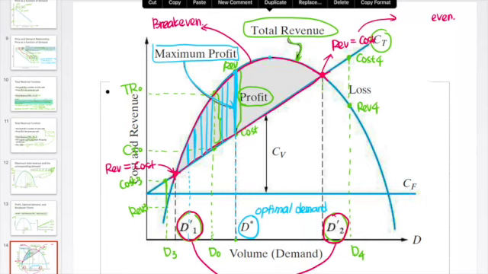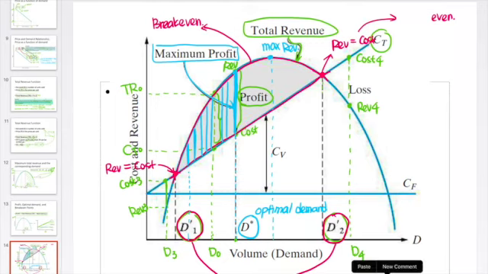Okay, that's number 2. Number 3, the D star is different from D hat. Do you still remember the D hat? D hat is where you have the maximum revenue. So if you look down at the demand where you have the maximum revenue, that is the D hat. So D star is different from D hat.